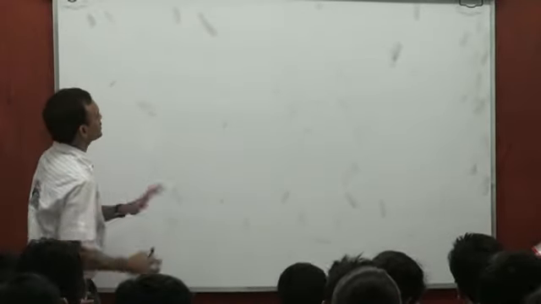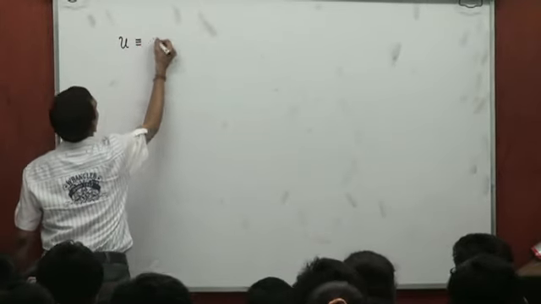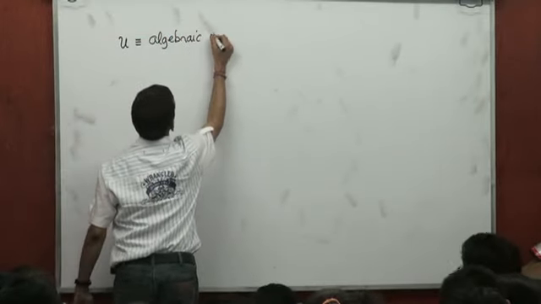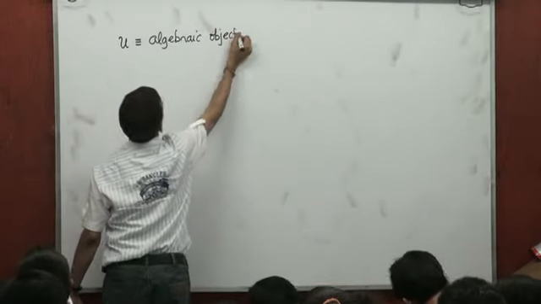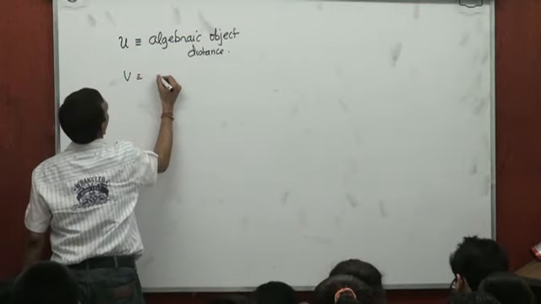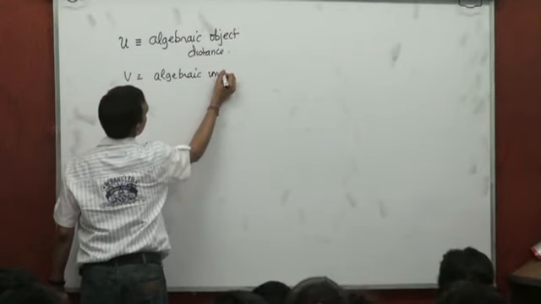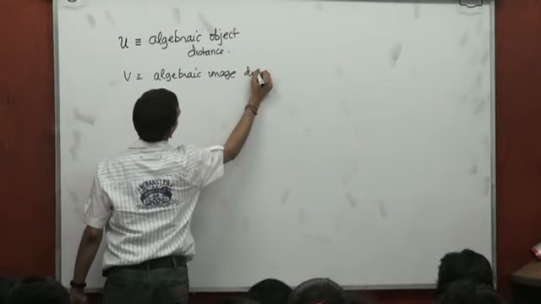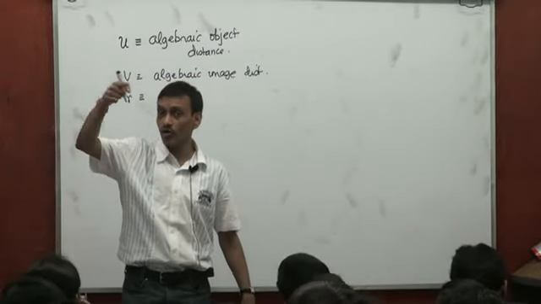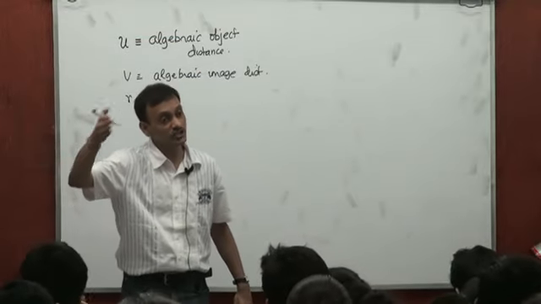First of all, let me tell you that u would be referred to as an algebraic object distance, v would be referred to as an algebraic image distance, and R would be the radius of the sphere of which the mirror forms a part, the radius of curvature.